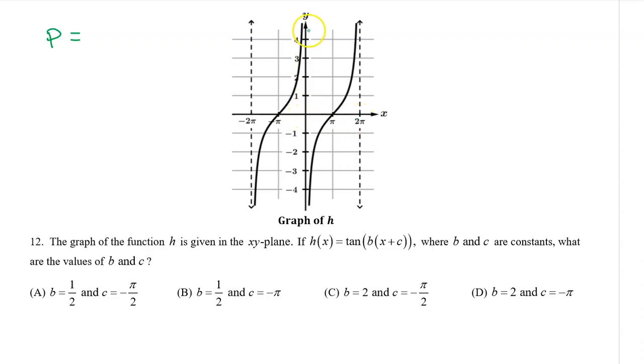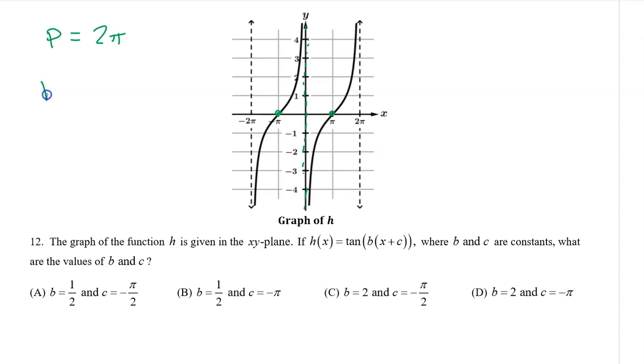In this case, it will be easiest to measure the period from vertical asymptote to vertical asymptote. That is from 0 to 2 pi, so the period is 2 pi. If you went from midpoint intercept to midpoint intercept, you can probably see that from negative pi to positive pi is also 2 pi.